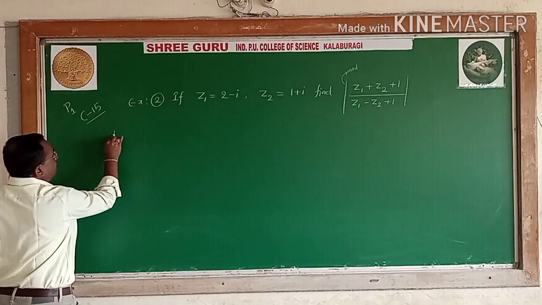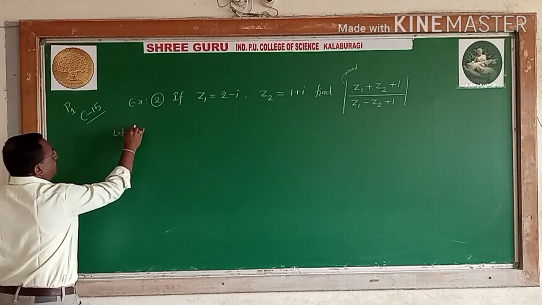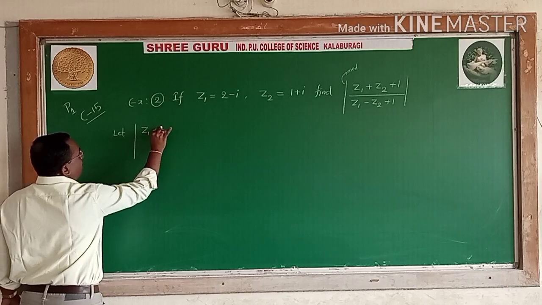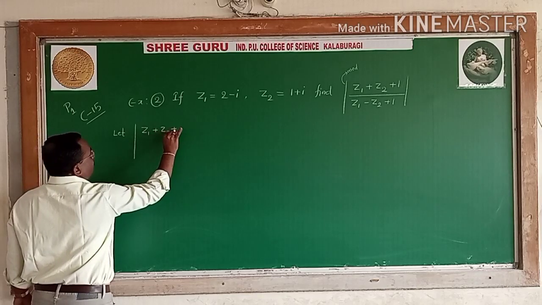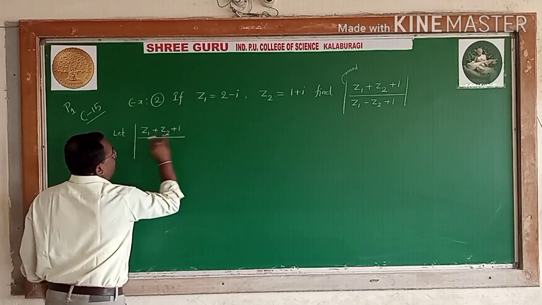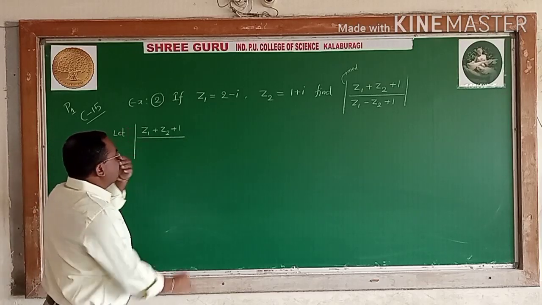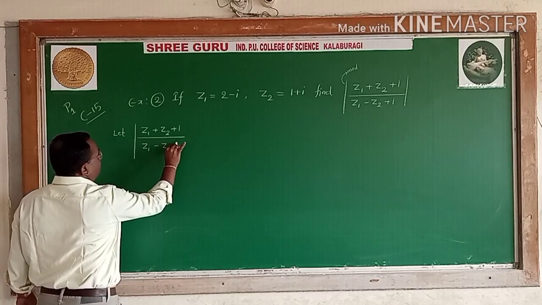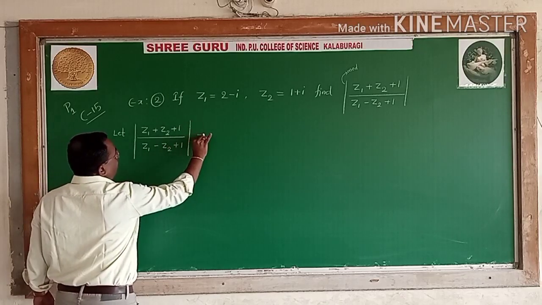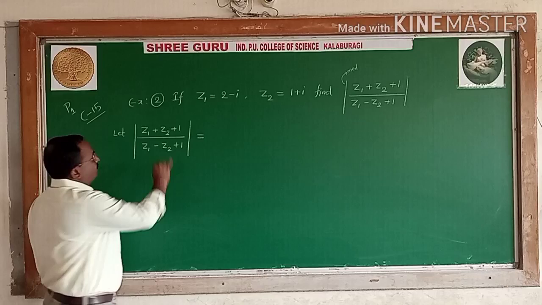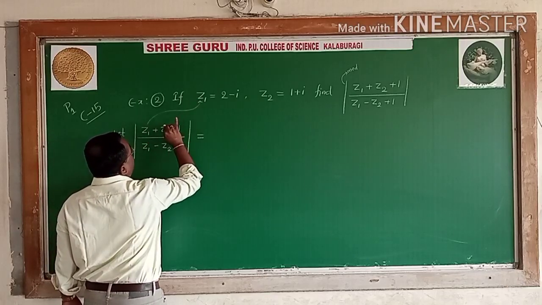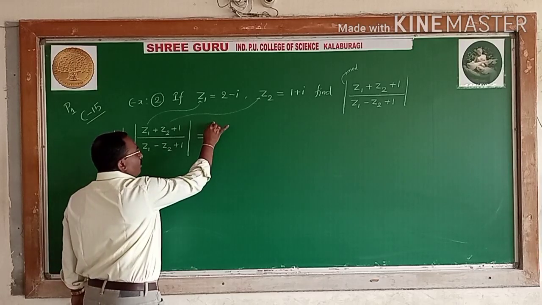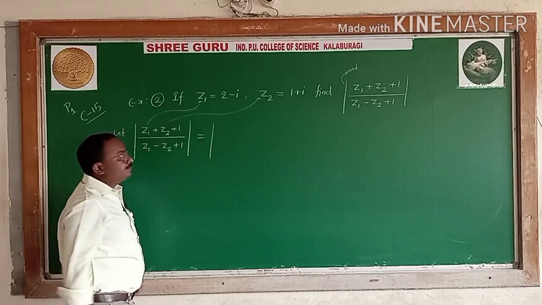Let the modulus of (Z1 plus Z2 plus 1) divided by (Z1 minus Z2 plus 1). Substitute the Z1 value and the Z2 value. This is Z1, this is Z2. Substitute the values, and keep the modulus as it is.